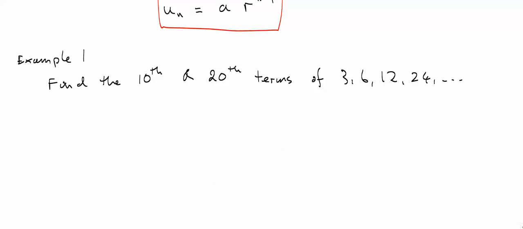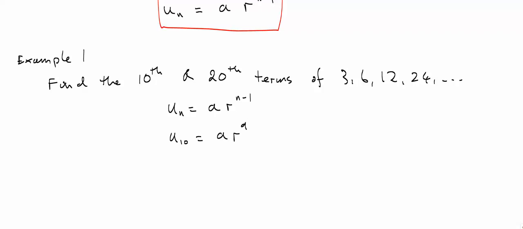Here's an example. Example 1. Find the 10th and 20th terms of this geometric sequence 3, 6, 12, 24 and so on. Well, we have our formula un equals ar to the n minus 1. First of all, we want the 10th term, that's u10, which of course will be ar to the 10 minus 1, or 9.